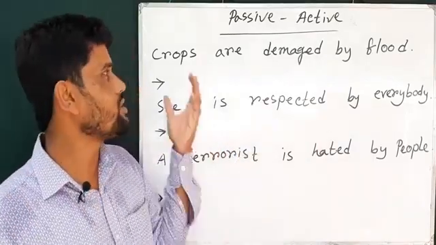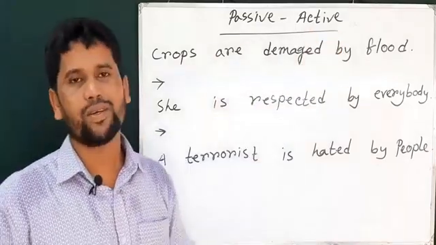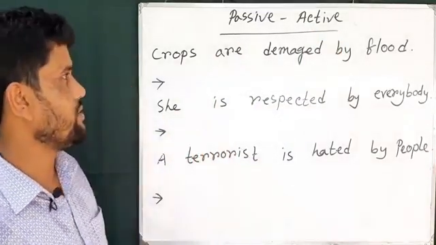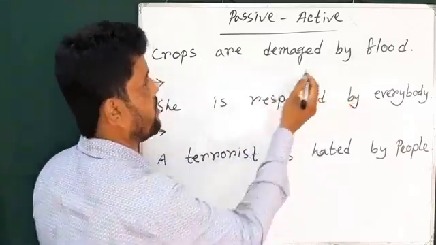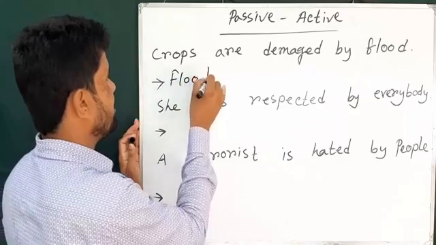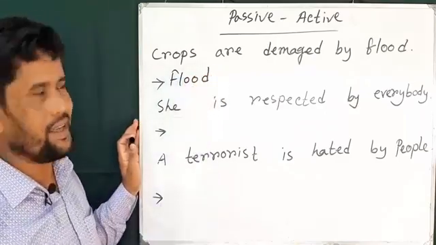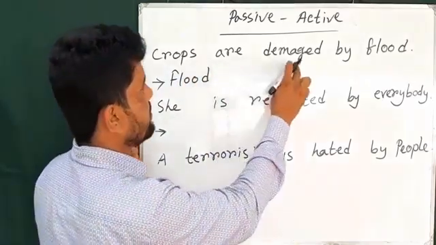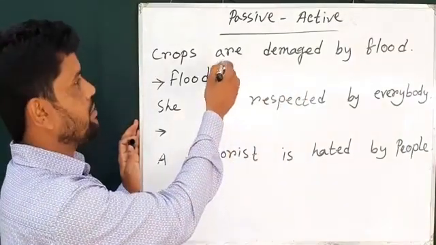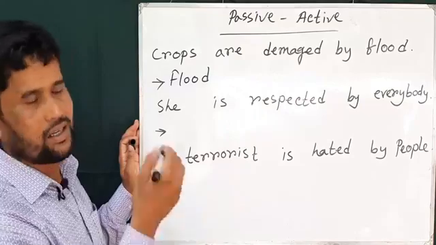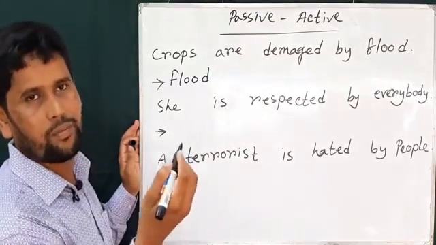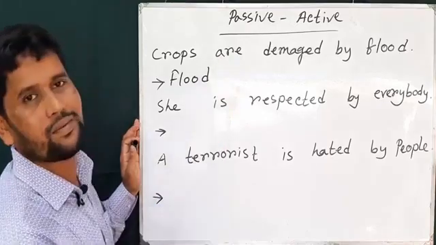But when we change passive to active, we just follow 4 steps. First write the object, turn the object into subject. Then use verb according to tense. In the passive sentence, we use am, is, are plus verb 3. But in active voice we use the present form of verb as it is the present indefinite tense.